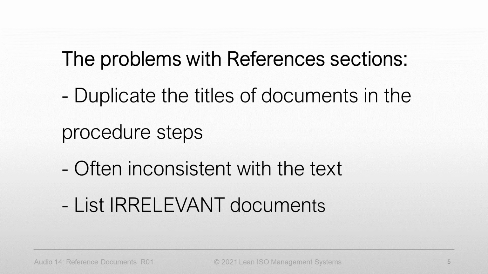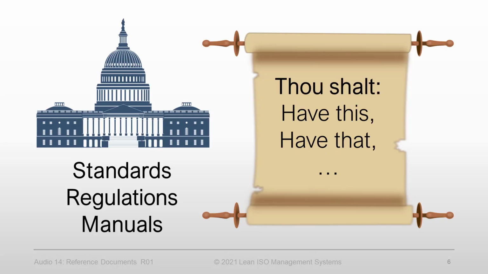Let's categorize documents we are dealing with in a typical management system. Let's say markets and/or customers require an organization to comply with particular standards and/or regulations. Standards and regulations prescribe what a management system and its processes should achieve. Thou shalt do this. Thou shalt do that.